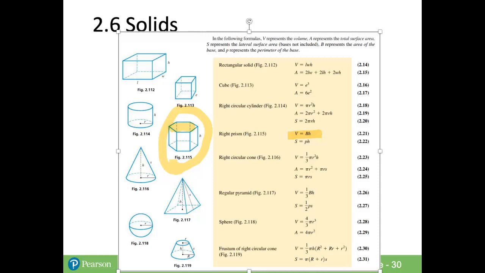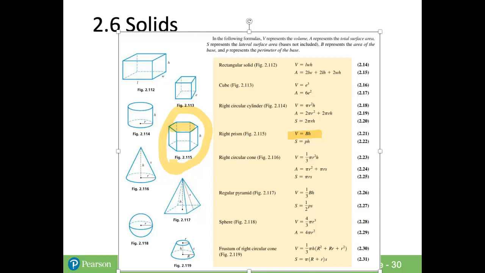Now, under surface area, the P stands for perimeter of the base. This is mentioned up here at the top too in these formulas that are listed. For a right circular cone, that's this figure, the 2.116. And a regular pyramid, here again, notice it's got a capital B. That means the area of the base.